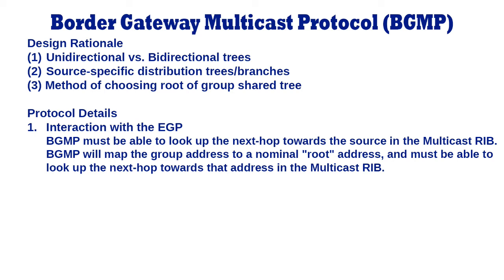BGMP determines the nominal root address as if the multicast address is a unicast-prefix-based multicast address, then the nominal root address is the embedded unicast prefix padded with a suffix of 0 bits to form a full address.